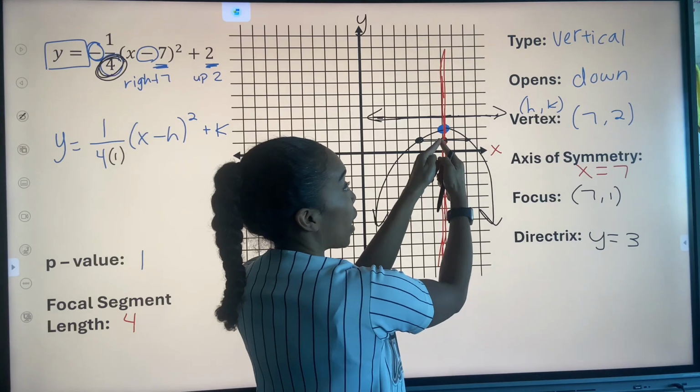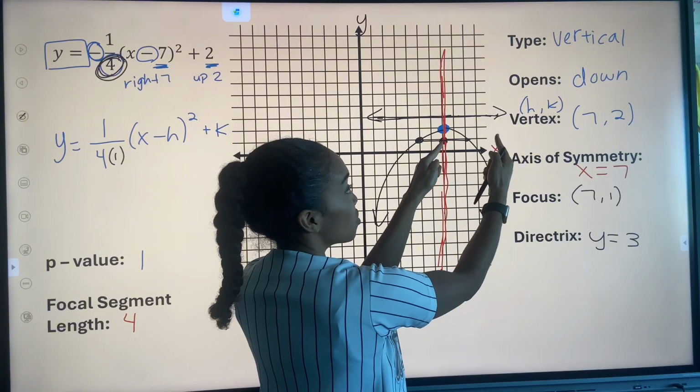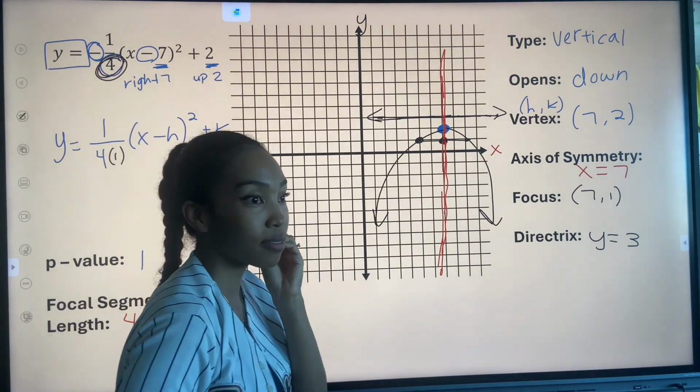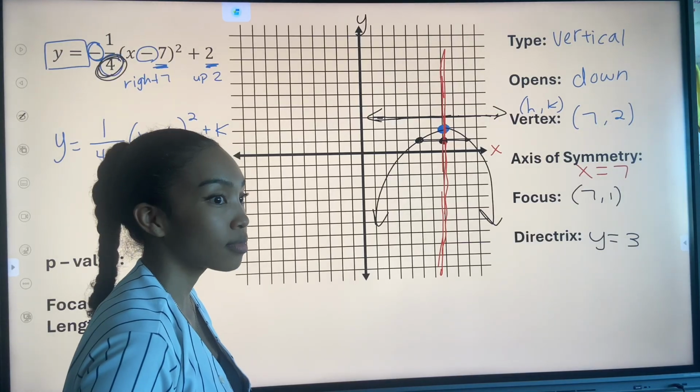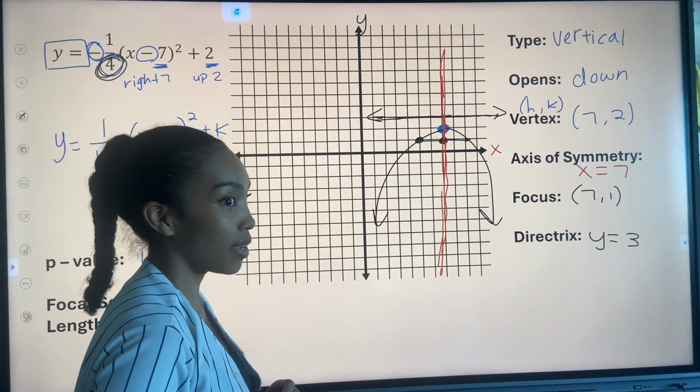So make sure you go out 2 spaces each from the focus. 2 spaces to the left, 2 spaces to the right, so that the whole thing can be 4. Yes? So whenever you find the length, it's the length of the entire segment, and it's not just to the focus. Right, exactly.